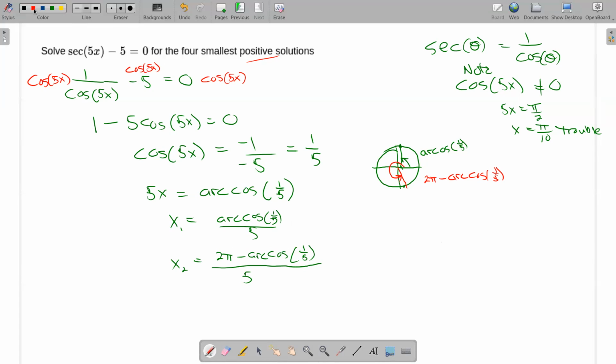So make a note of the period up here. Period is 2 pi over 5. So the next solution, x3, will be whatever x1 is plus 1 period, 2 pi over 5. And then the solution after that, x4, is going to be the second solution plus the period.